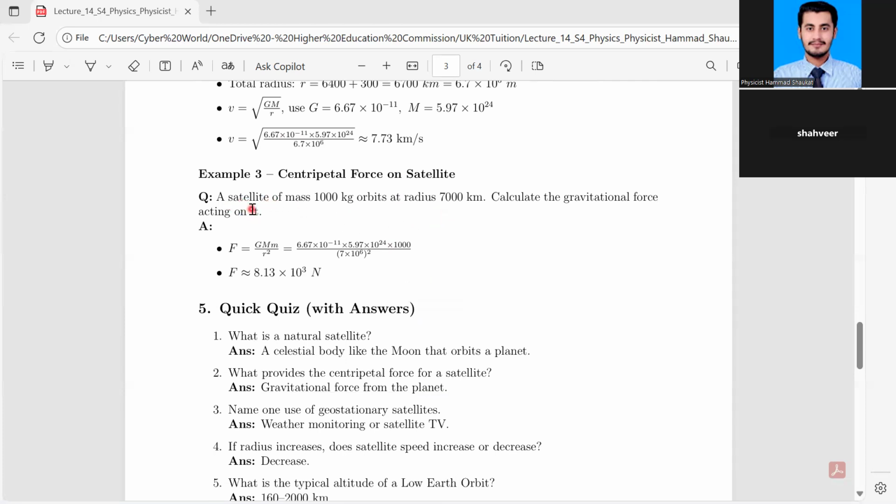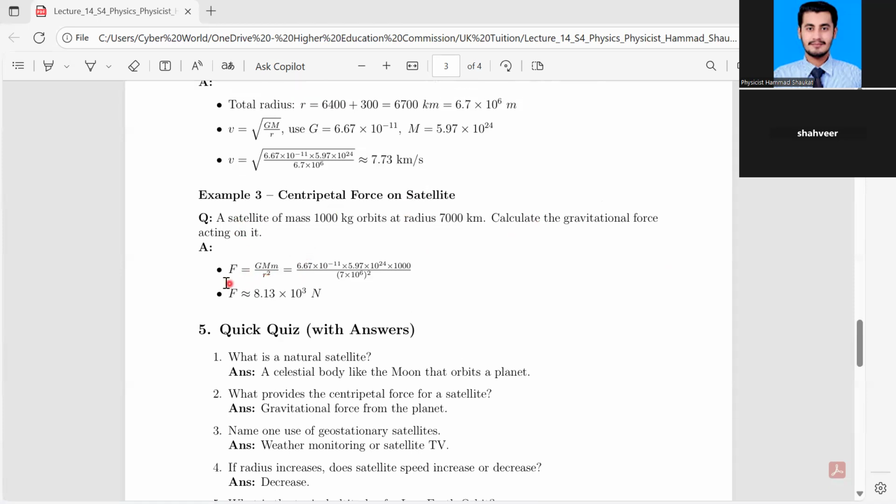So definitely the satellite is revolving around something. If it is revolving, it means you have to use the formula for centripetal force. Here you have to find the gravitational force. So can you tell me, is gravitational force represented by Fc or Fg?